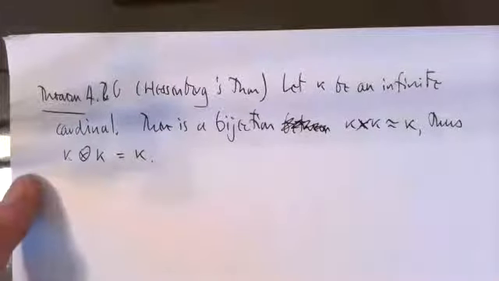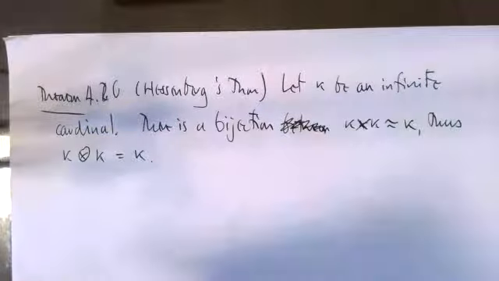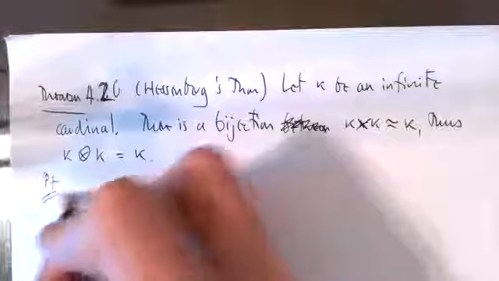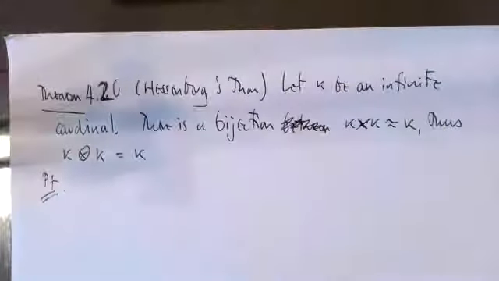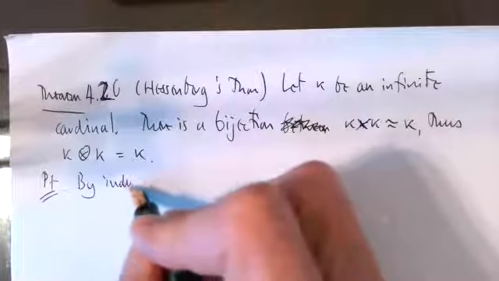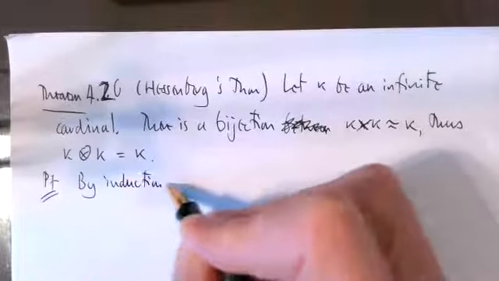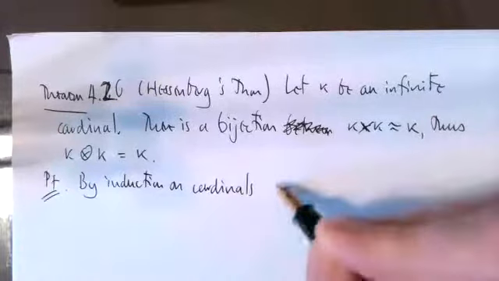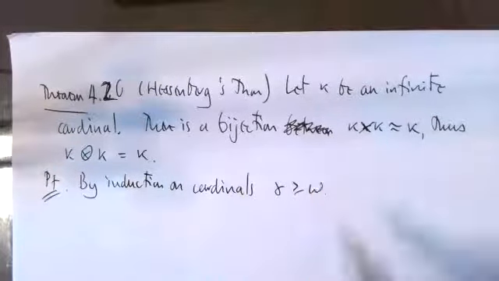So from this, we get a number of corollaries about cardinal arithmetic. So let's see how this goes. Now we know, by induction on cardinals, gamma greater than or equal to omega.